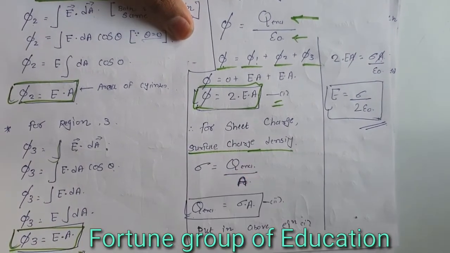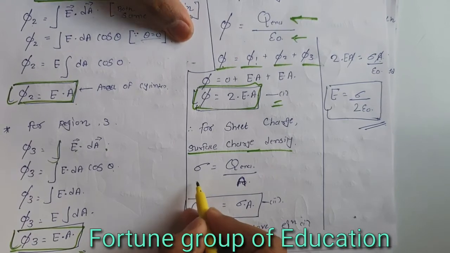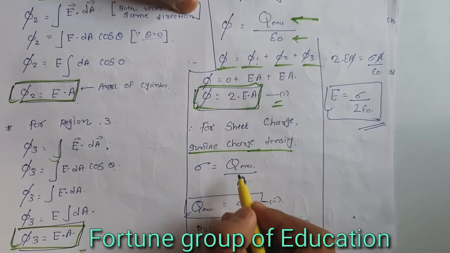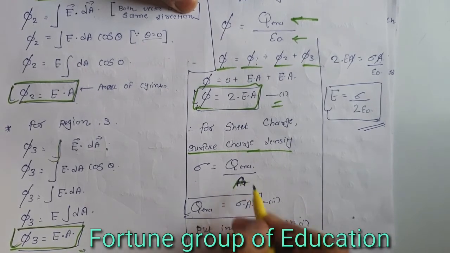The surface charge density is indicated as sigma equals Q upon area.